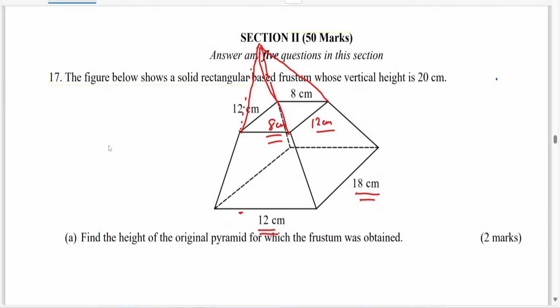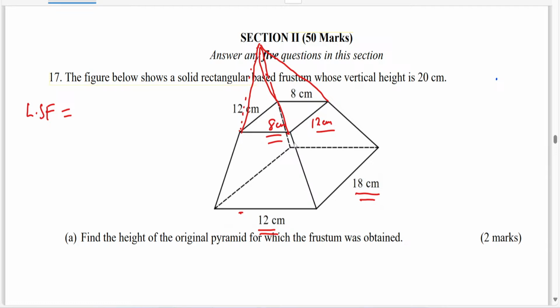To calculate the height of the original pyramid, you need to find something called a linear scale factor. Linear scale factor is your larger distance divided by the smaller distance. Here we'll look at it in terms of the pyramid, not the frustum.